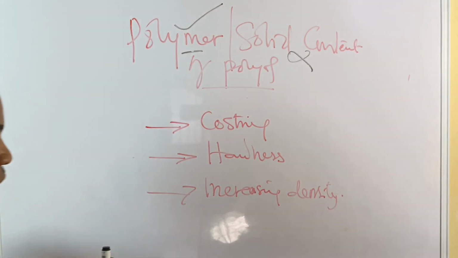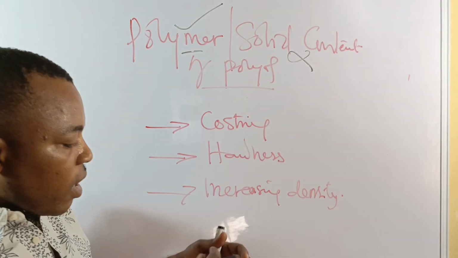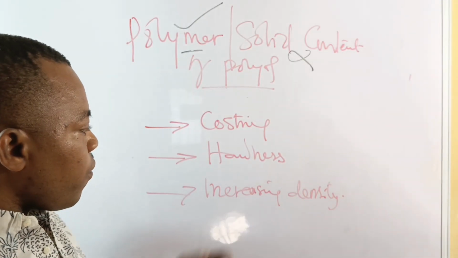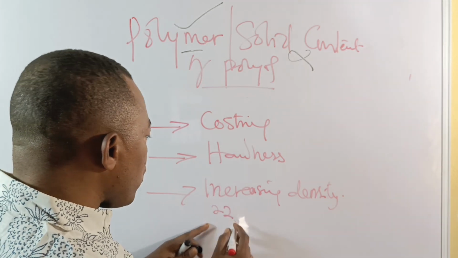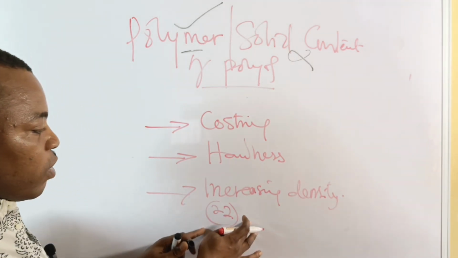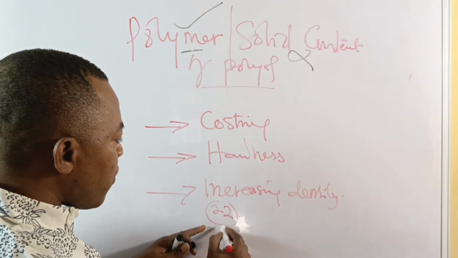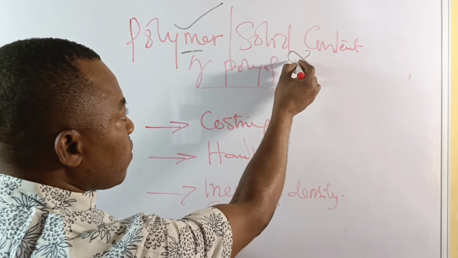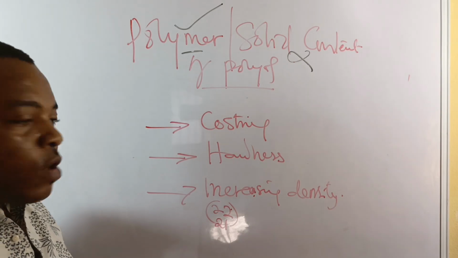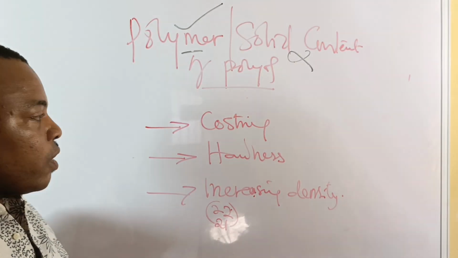So what this simply tells you is that if you are making a foam density of 22, you intended to make a foam density of 22, you can still make a foam density of 21 that looks like 22 by the addition of this solid content. So that is the implication.